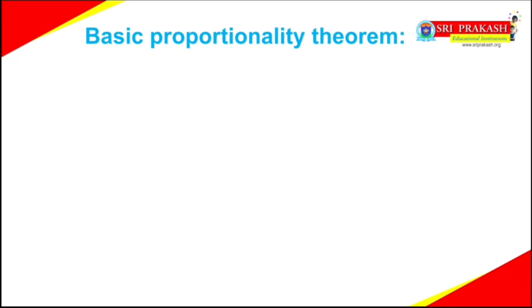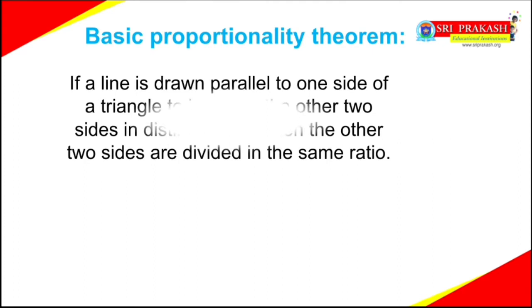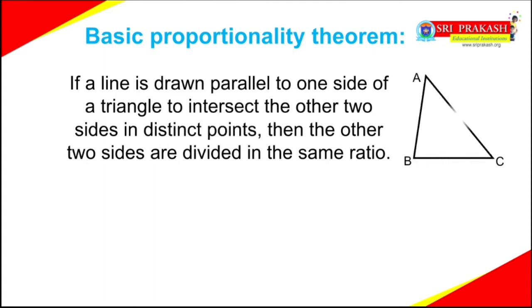Children, what is basic proportionality theorem? Yes, if a line is drawn parallel to one side of a triangle to intersect the other two sides in distinct points, then the other two sides are divided in the same ratio.